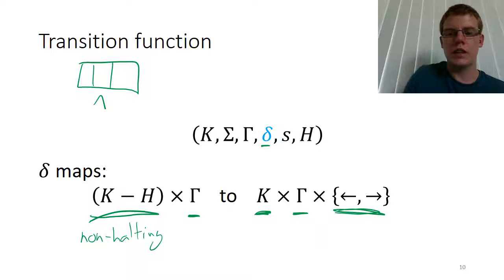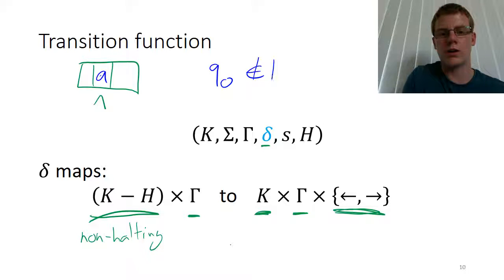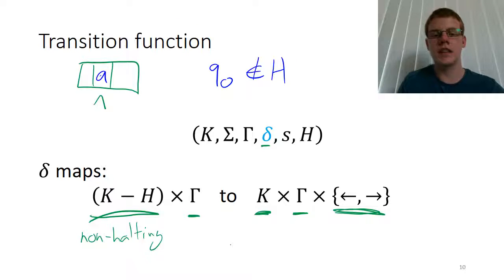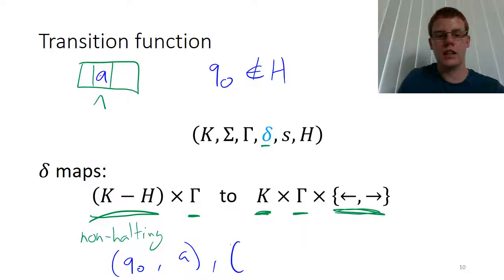So for example, if we have an A sitting here and we are currently in state Q0, and Q0 is not an element of our halting state set, then we may have a transition that looks like Q0 with an A go to something else. So in this case, let's say that it goes to another state Q1 and writes B and it moves right.